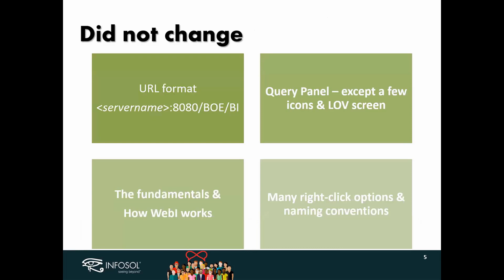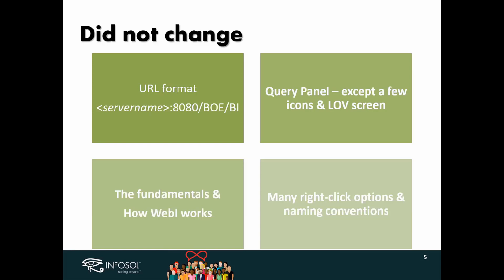Then the query panel is very similar to how it was before, with just a few changes in the icons, and the way you select the LOV has some new controls. The values from the LOV have a few new controls, but it's more or less the same.